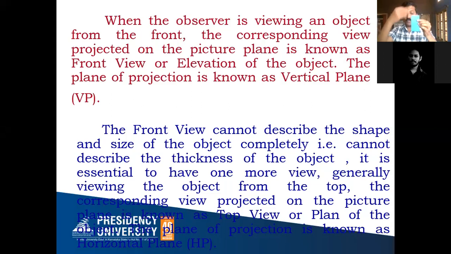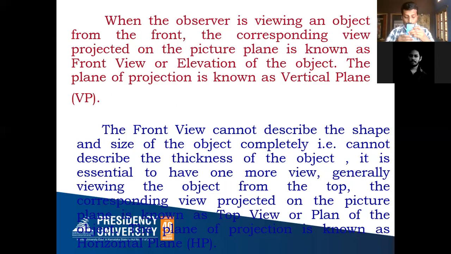The corresponding view drawn on the horizontal plane is called the top view, because you are visualizing this object from the top side of it. In civil engineering terms, they call it a plan.